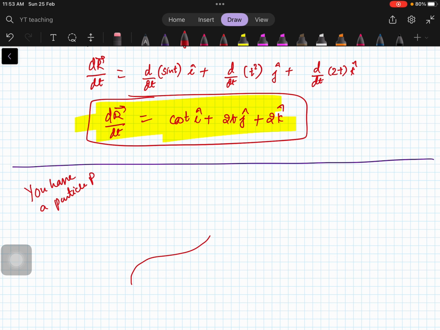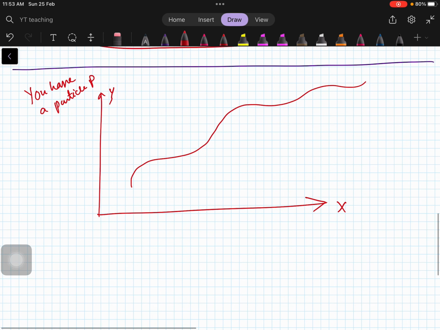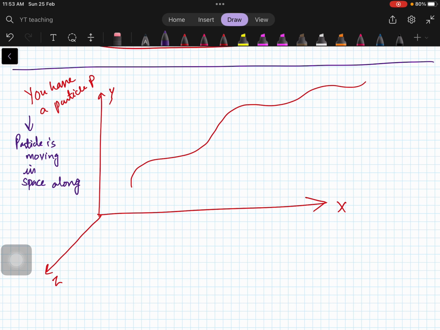So we study particle motion, and suppose we have a curve in space. This is my x-axis, this is my y-axis, and this is my z-axis, right? And suppose this particle is moving in space along a curve, and we call it a space curve.